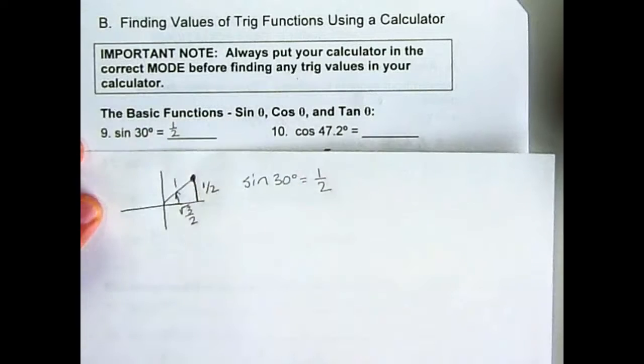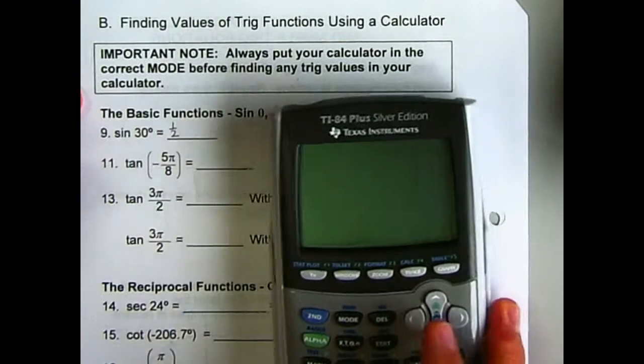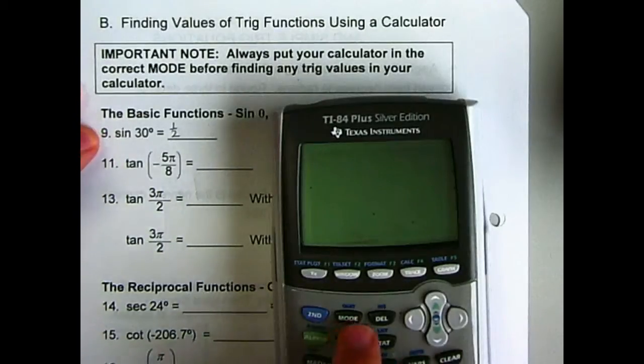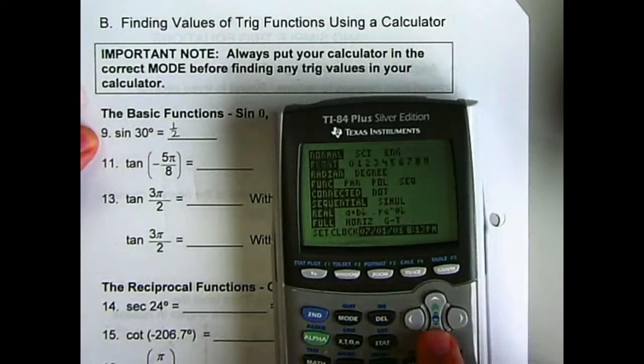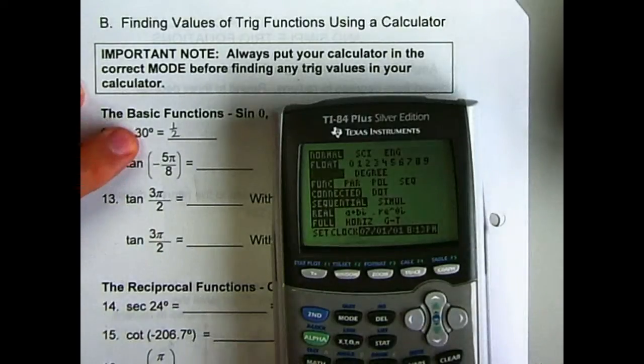Okay, so in our calculator, we need to tell the calculator that we're putting it either in degrees or in radians. Where I do that is in the mode button. So push that and float down to here where it gives you a choice of either radians or degrees. This is just for when you're going to put an angle into your calculator.